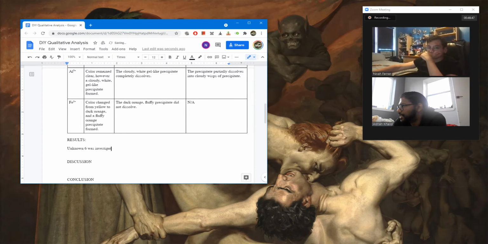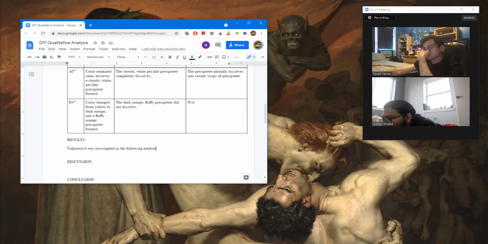So unknown 6 was investigated in the following whatever method. Wait, it says state which unknown you've analyzed, what procedures you performed, results. Okay, so unknown 6 was analyzed using the following procedure.